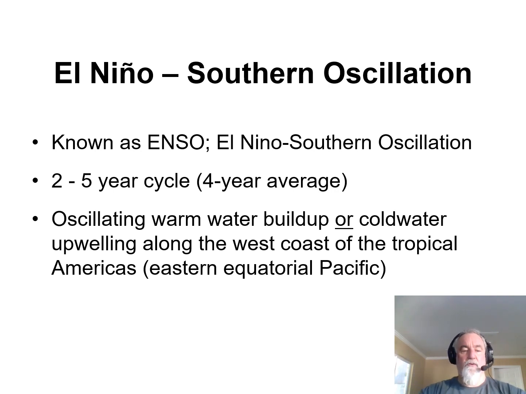We can monitor where the ocean temperatures are getting warmer than average, and we can also monitor where they're getting colder than average. That change in sea surface temperature across the equatorial Pacific is referred to as El Nino.